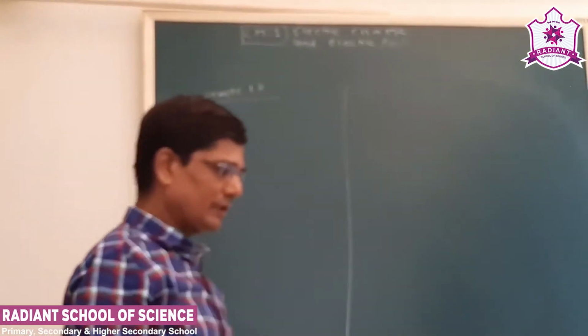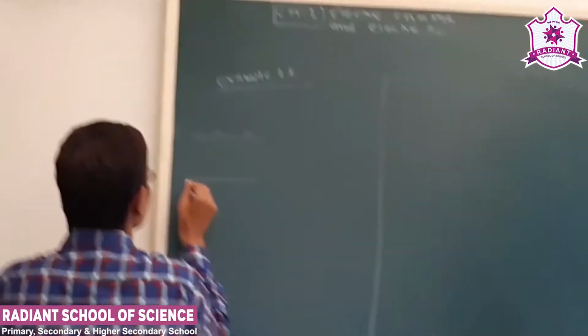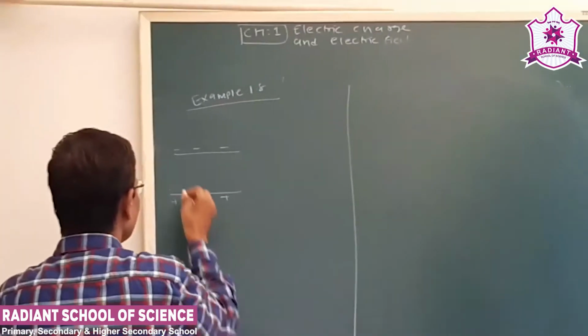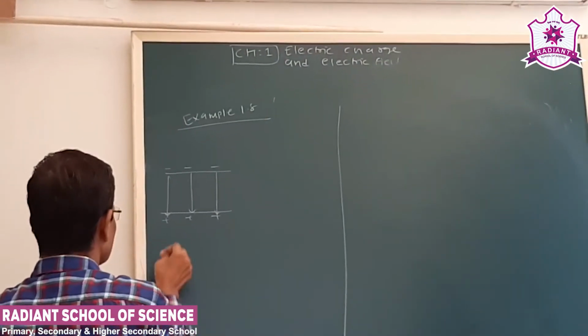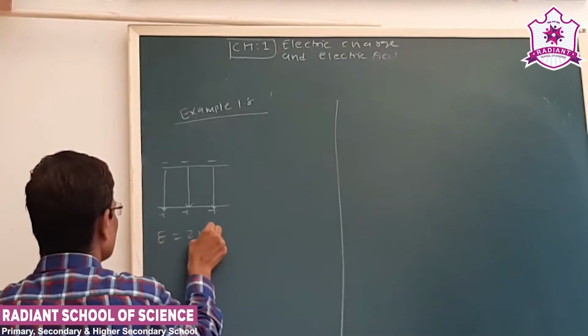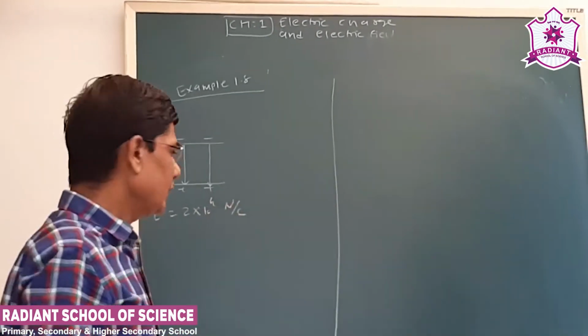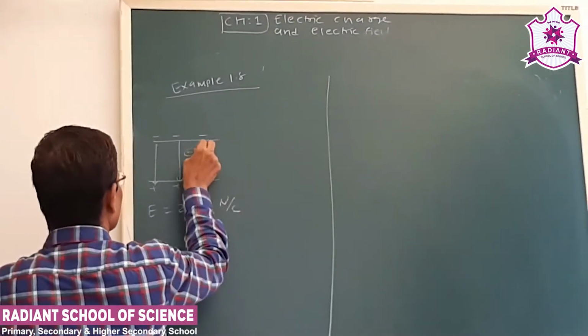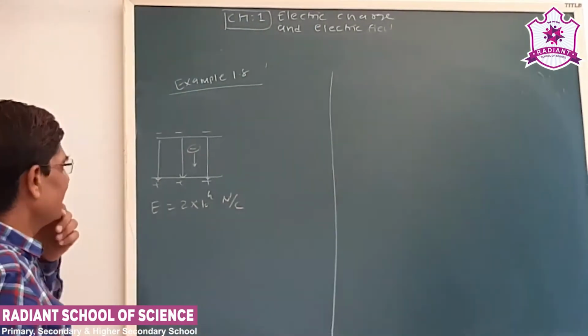Now the question says there is a uniform electric field of 2 into 10 to the power 4 newton per coulomb. An electron is in this field, and the direction of the electric field is shown by the arrow.